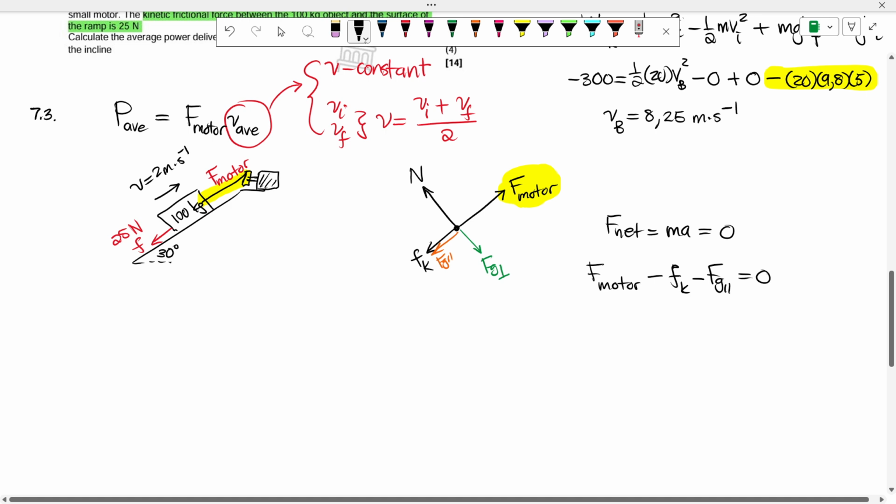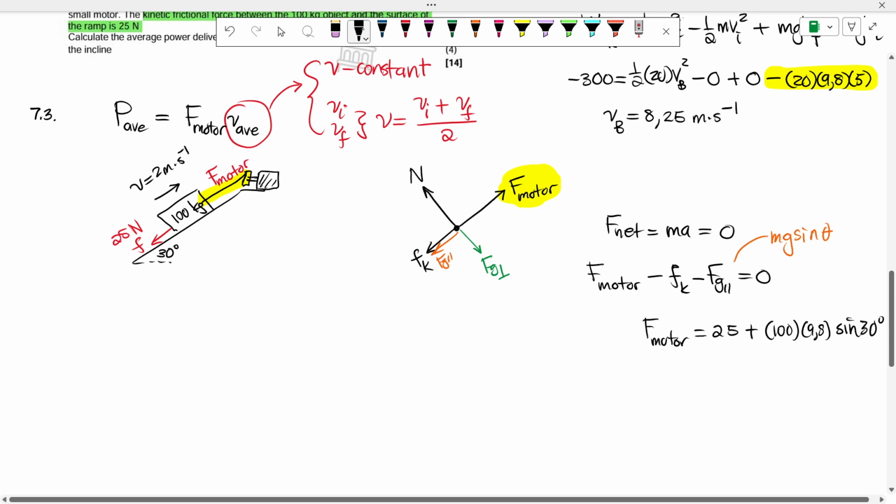Therefore, I can see that my F motor is going to be, take these other ones to the other side, we get 25 for friction. This one is simply mg sine theta, right? So plus m is 100, g is 9.8, sine theta, our theta is 30 degrees.